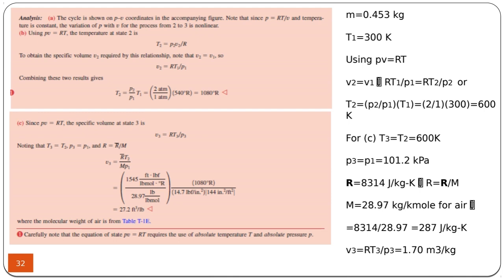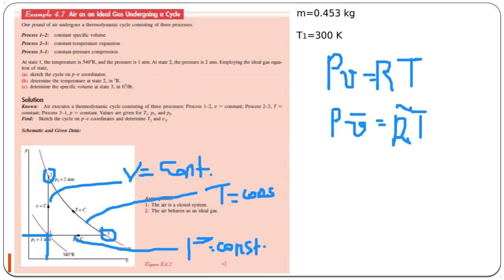We can use the ideal gas law to find the specific volume of the gas. The specific volume is constant because the first process is done under constant volume.